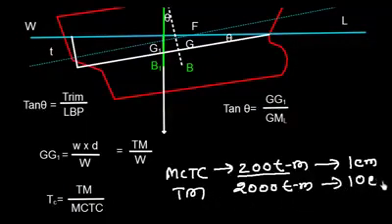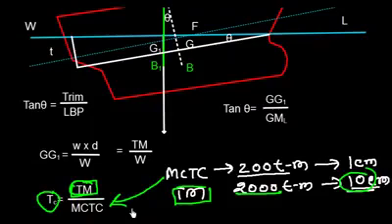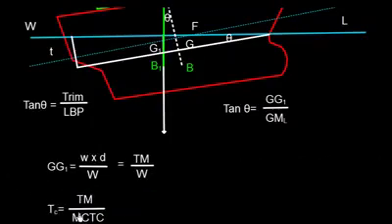Well, obviously it is going to be 10 centimeter, which simply means that I get this 10 centimeter by dividing Tm, 2000, by MCTC. So we have this relationship where TC, trim cost, is nothing but trimming moment divided by MCTC.